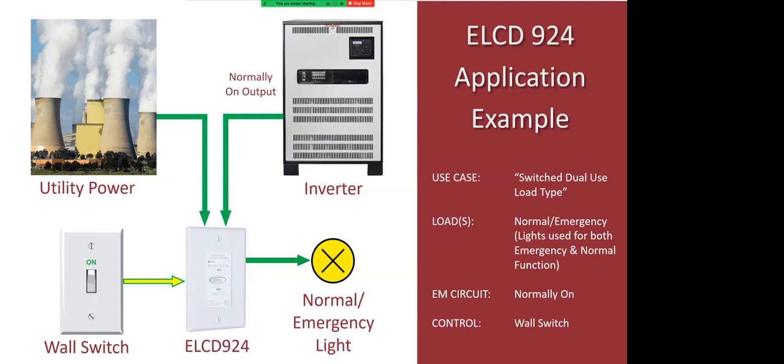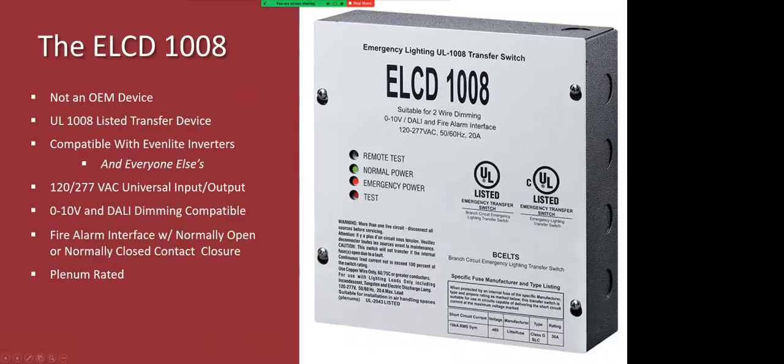But if you have a loss of utility power, note that the emergency light is still on, even if the wall switch is in the off state. And that's because the transfer device is bypassing this wall switch, allowing the emergency fixture to directly be coupled with the emergency power source.